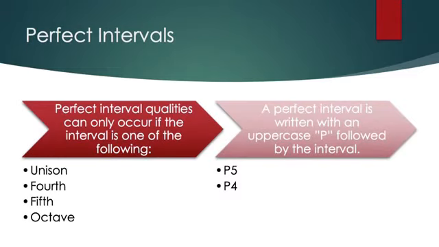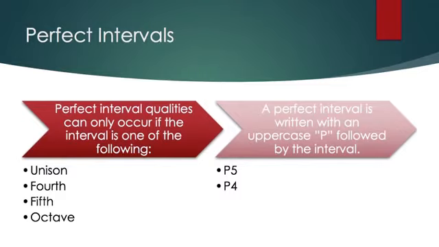When it comes to perfect intervals, you can only have a perfect interval on a unison, fourth, fifth, or octave. You can't have a perfect second, a perfect third, a perfect sixth, a perfect seventh, a perfect tenth. You can't have any of those intervals, okay?